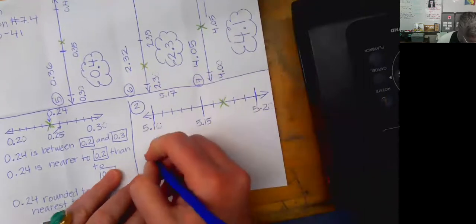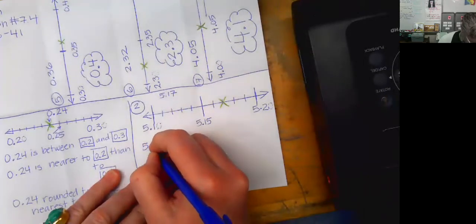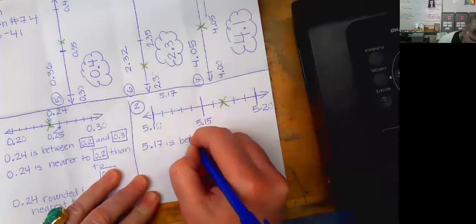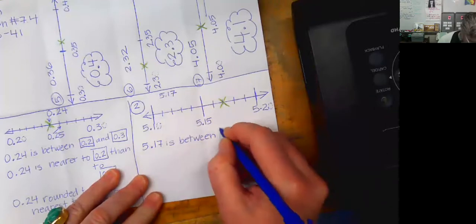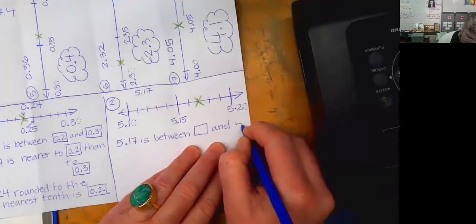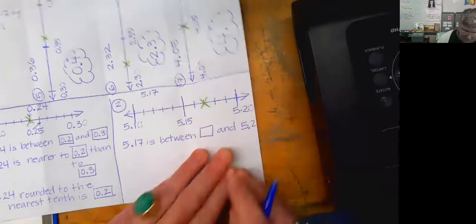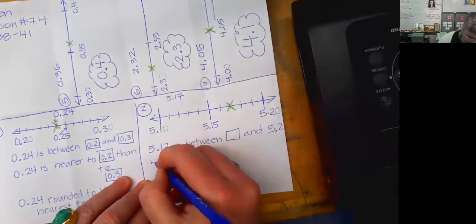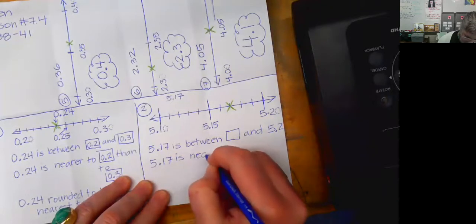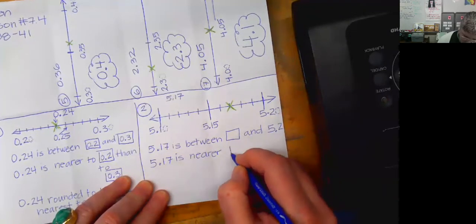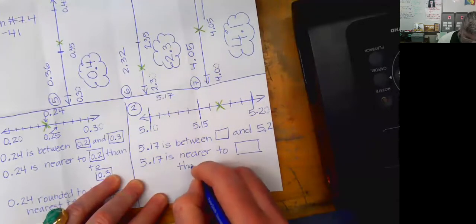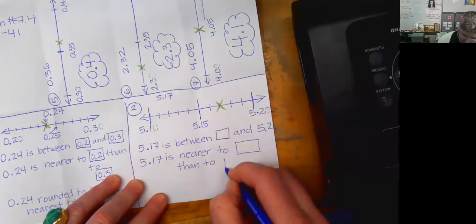So we're going to write our sentences out. It says 5 and 17 hundredths is between green box, and then it gives us a little tease and tells us 5.2. 5 and 17 hundredths is nearer to green box than to green box.